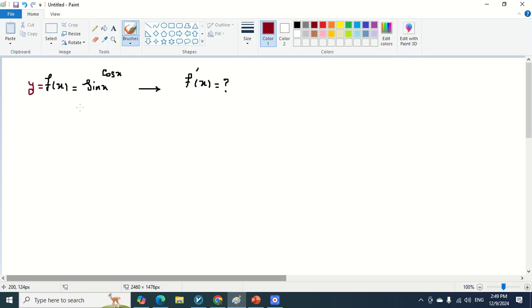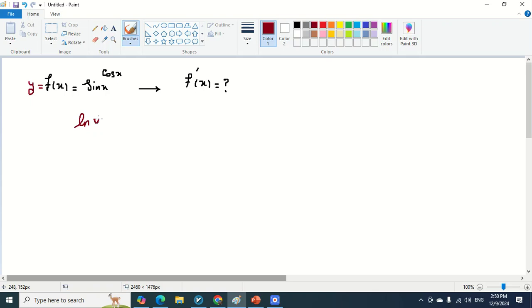If I do the same thing, I can rewrite y as the exponential of ln of y, and do the same on the right side, rewriting it as the exponential of ln of that expression. Or you can simply take a logarithm of both sides, since the logarithm function is a one-to-one function.